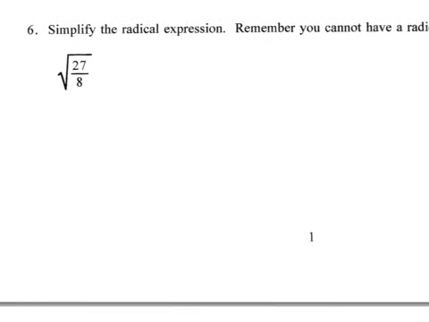Let's work on the square root of 27 over 8. Unfortunately, we cannot take the square root of any of these numbers, but let's break it up and then try to simplify it. So we have the square root of 27 divided by the square root of 8. First, let's simplify the square root of 27.